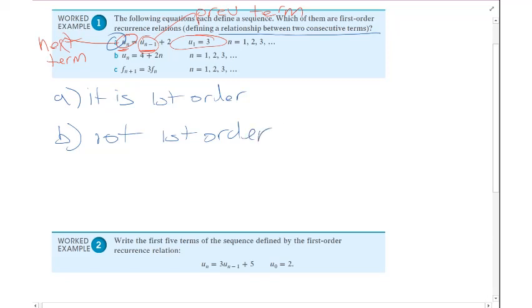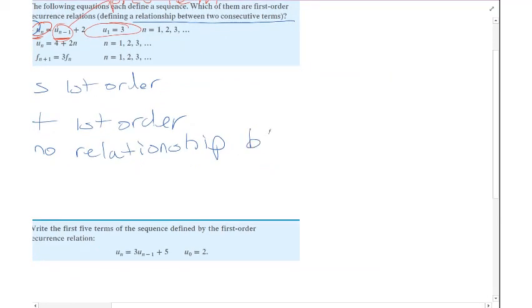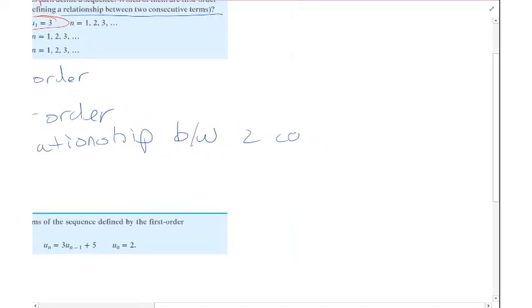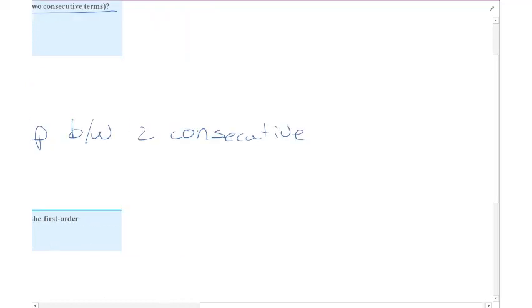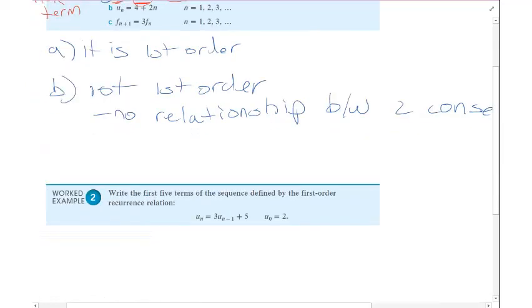Well, there's no relationship between two consecutive terms. Remember, it's a key point. The consecutive being, has to be one after the other.